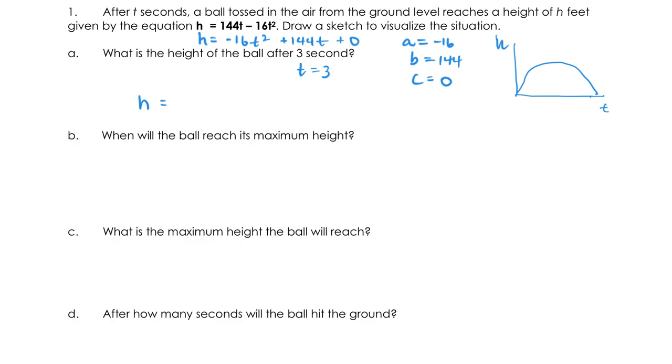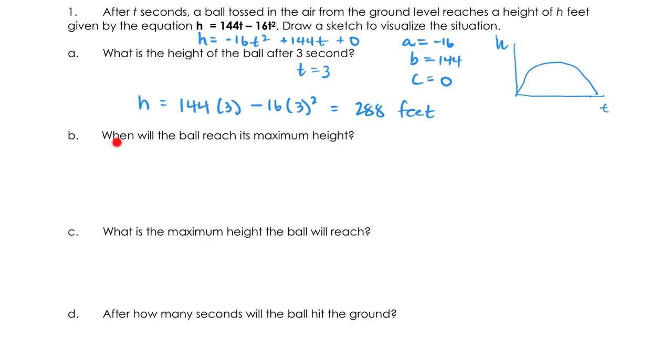A lot of times the reason they write it in this form is to minimize the number of signs we have, so it doesn't really matter which way you use it. If I use the original, 144 times 3 minus 16 times 3 squared, I can put that whole thing in my calculator, and I'm going to get 288 feet. We would get the same thing if we plugged 3 into our standard form equation.